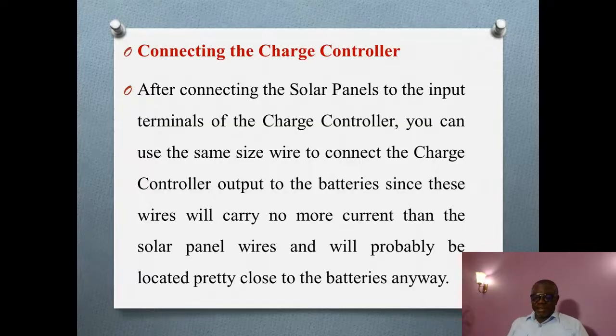Because the longest distance will be from where the solar panels are, probably on top of the roof, to the enclosure where you are having your inverter, your charge controller, and your battery.